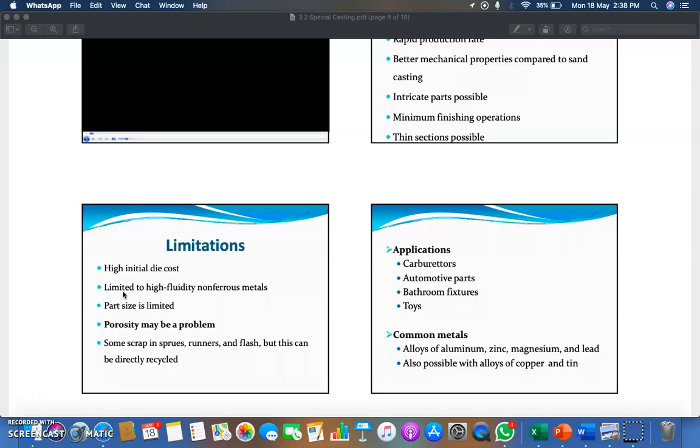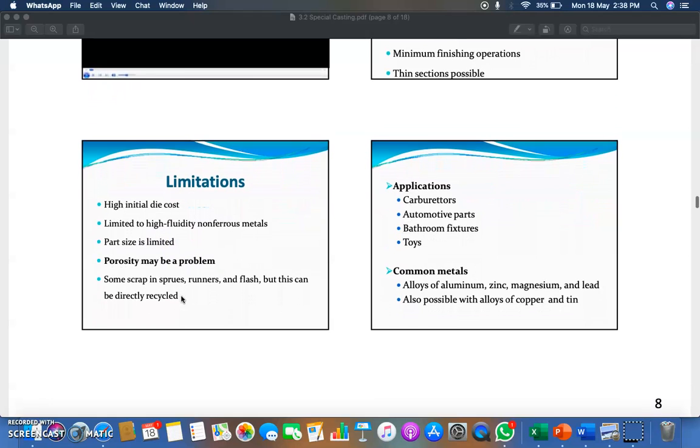Limited to high fluidity non-ferrous materials. If the fluidity of the metal is very low, then it is not suitable for such a casting process. Part size is very limited, as you have to apply some pressure, so it will limit the part size in die casting.